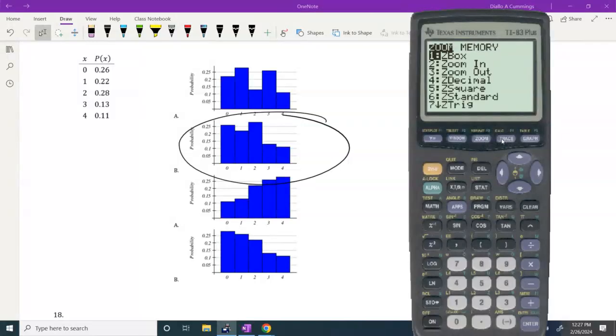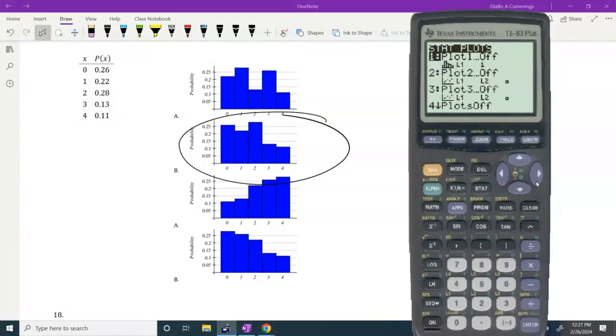No, that's not it. Let's see. I believe it will plot it. Oh, I didn't turn it on. Okay, I got to turn it on first. And then you can find the histogram icon.